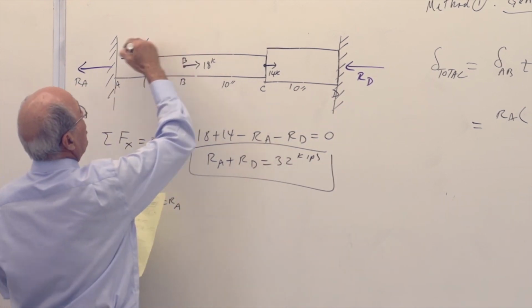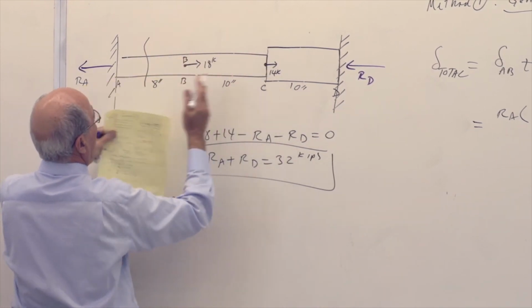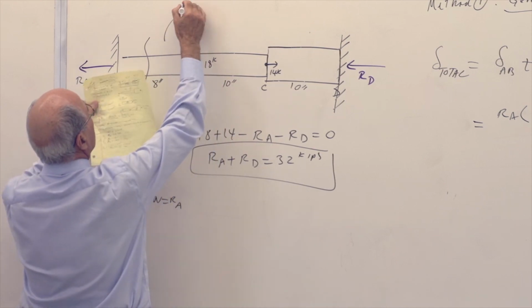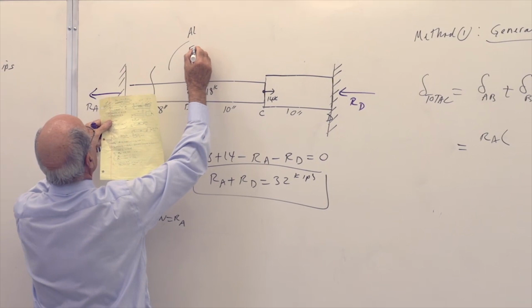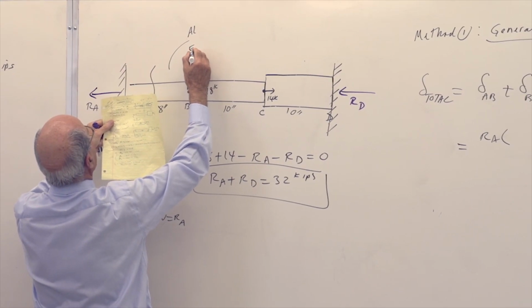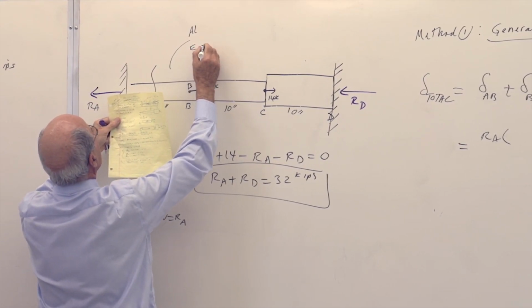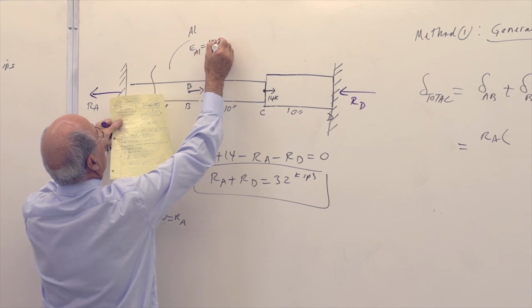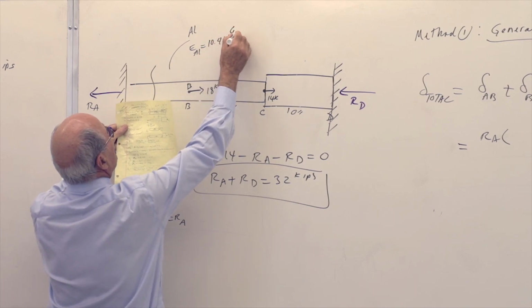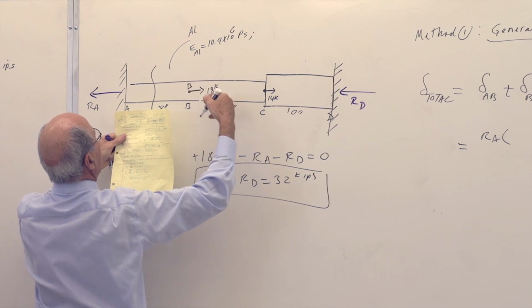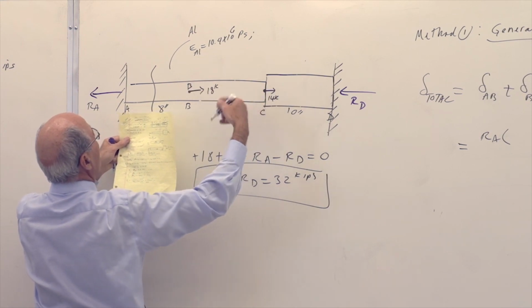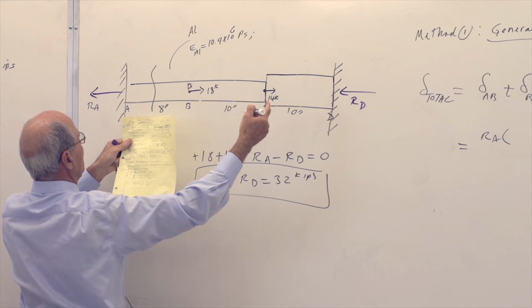This part, the whole thing from A to C, which is 2 parts, AB and BC, is aluminum, I believe, and E of aluminum is given equal to 10.4 times 10 to the power of 6 psi. And I give you the area because the dimensions are given, 1¼ inch, 1½ inch, but let's forget about that.